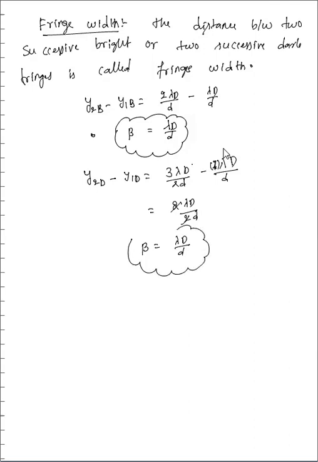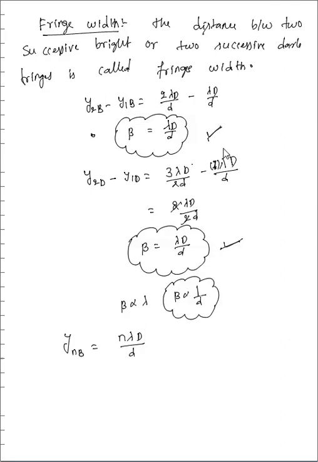That is called fringe width. Fringe width is directly proportional to lambda, and inversely proportional to the distance between the slits, which is small d. In summary, fringe width is one point to remember. For bright fringes, y nth bright is n lambda D by small d.